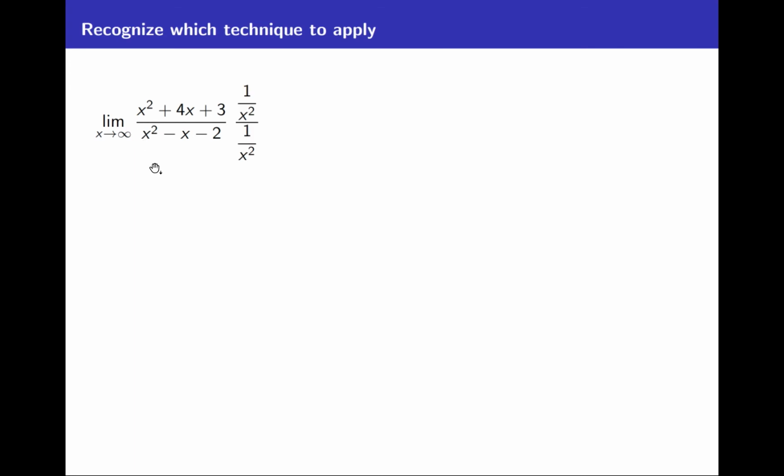So you can see that the answer here you can get from applying our strategy, multiplying by 1 over the highest power divided by itself, multiplying through on the top and the bottom to get this. And now as x goes to infinity, all of these reciprocals of powers of x turn into 0, and you're left with 1 plus 0 divided by 1 minus 0, which is just 1.